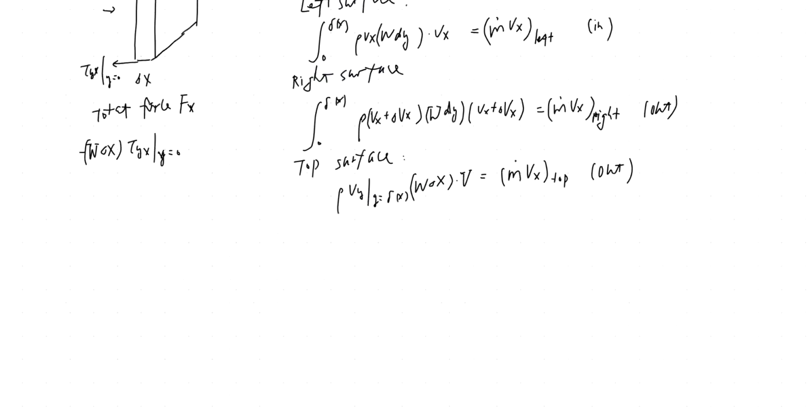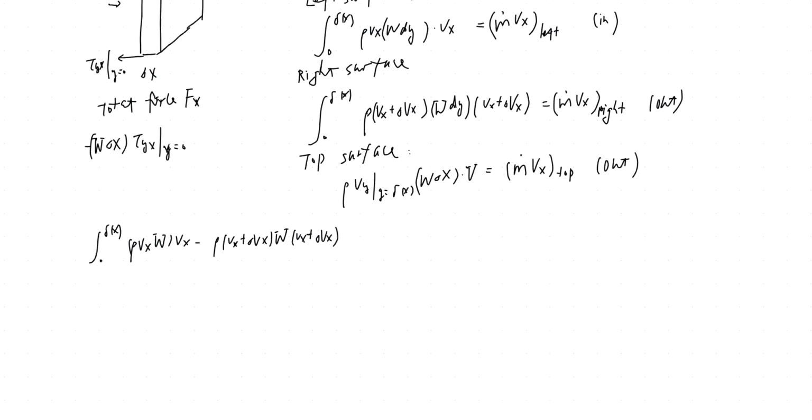So the momentum balance equation would be this term: rho Vx w multiplied by Vx, minus rho at x plus delta x, Vx plus delta Vx, w multiplied by Vx plus delta Vx, and the entire thing integrated over dy.